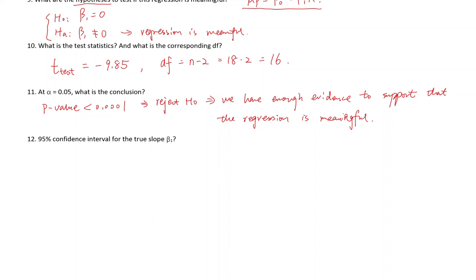So the last question: the 95% confidence interval for the true slope beta 1. Now we need another confidence interval, but this confidence interval is not for the mean value of y or the prediction value of y. It is for the slope beta 1. What is the formula of it?